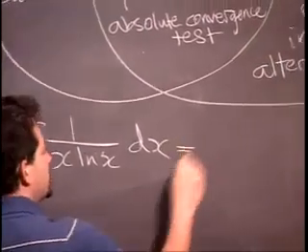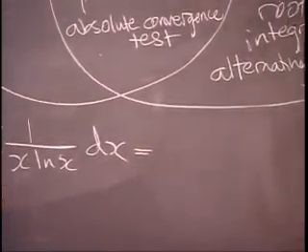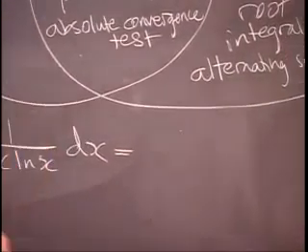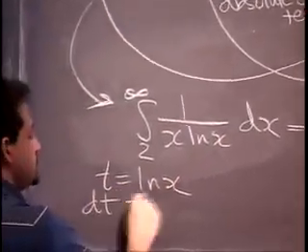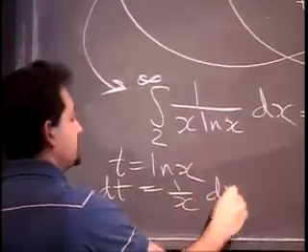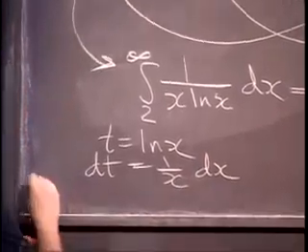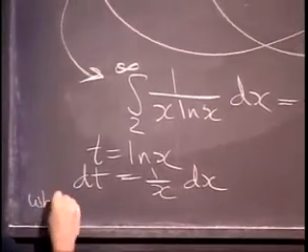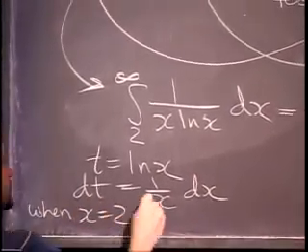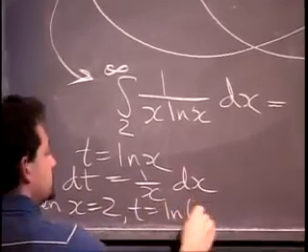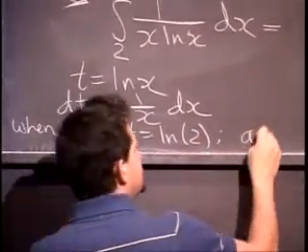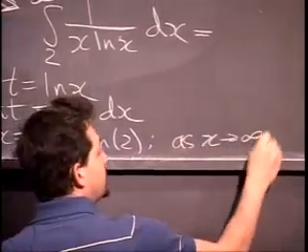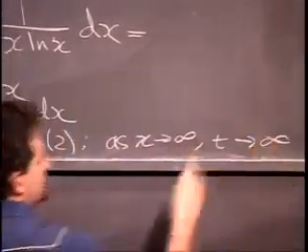I guess I'll look at this again next week, but for the moment, let's just remember that we substituted t is log x, dt is 1 over x dx. And we also need to note that when x equals 2, t is log 2, and as x goes to infinity, log x also goes to infinity.